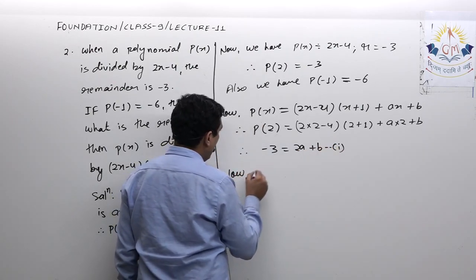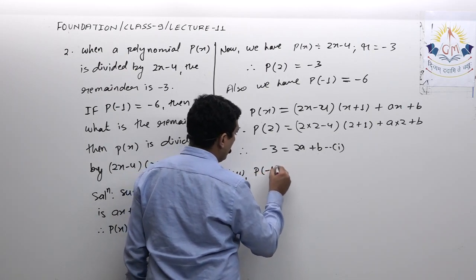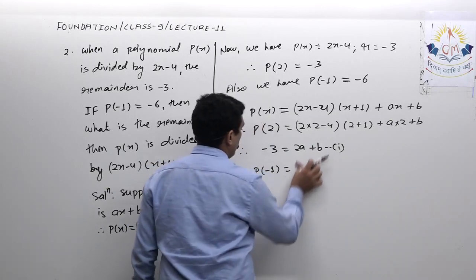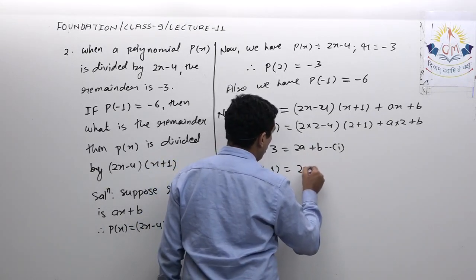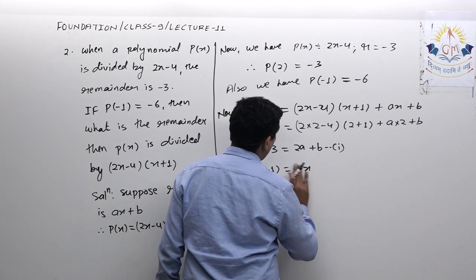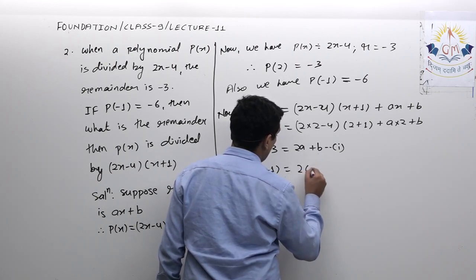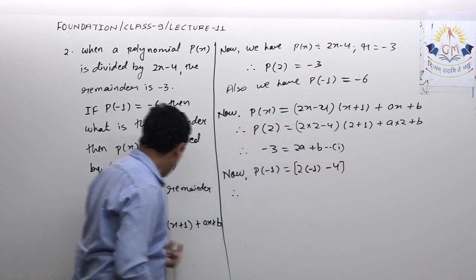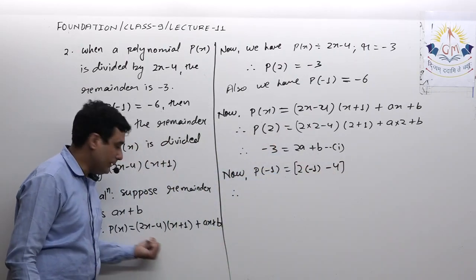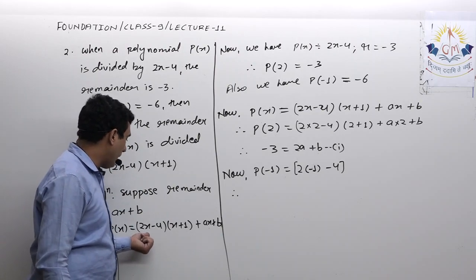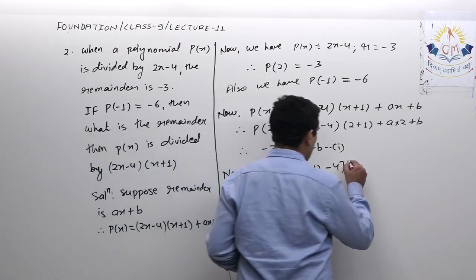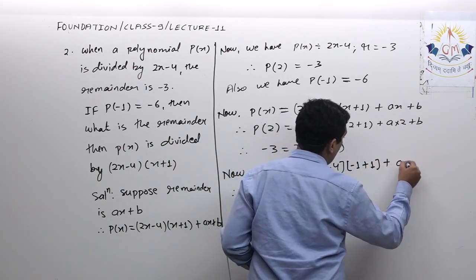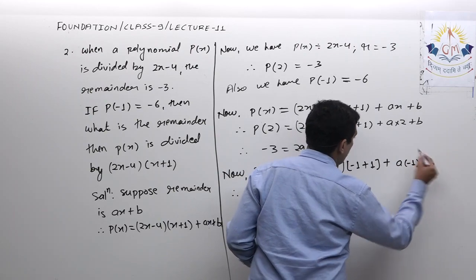Similarly, we have p of minus 1 equal to minus 6. For p of minus 1, I put x equal to minus 1: (2 into minus 1 minus 4)(minus 1 plus 1) plus a into minus 1 plus b.